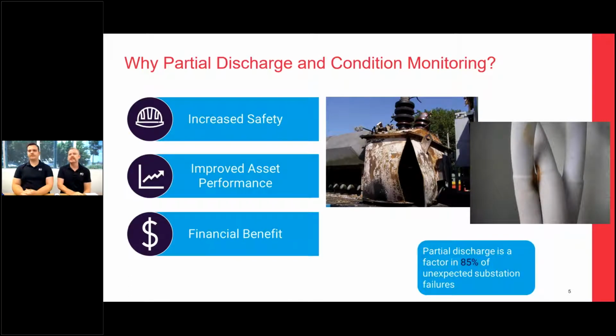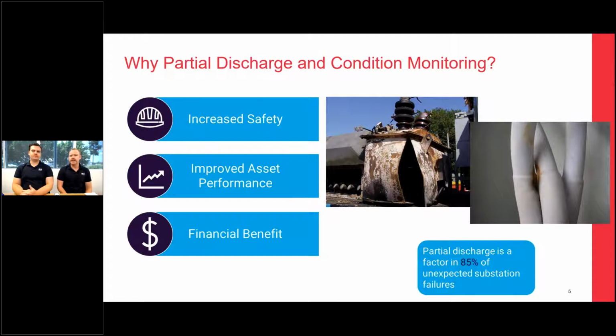It'll improve the asset performance because it'll last longer, it hasn't had a failure, and it will give you a financial benefit because you'll be able to spend money on things that have problems rather than spending money on everything broadly where there may not be problems. So you can make better investment decisions with that money.